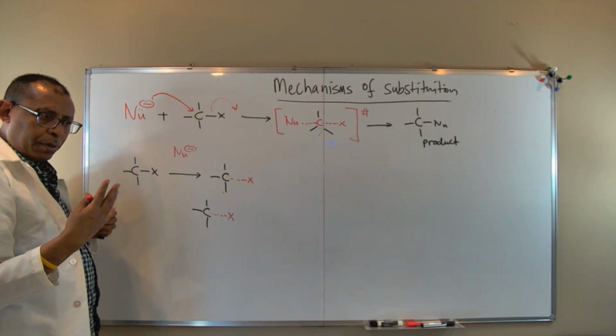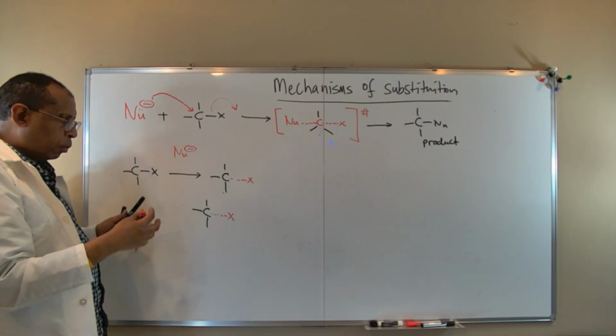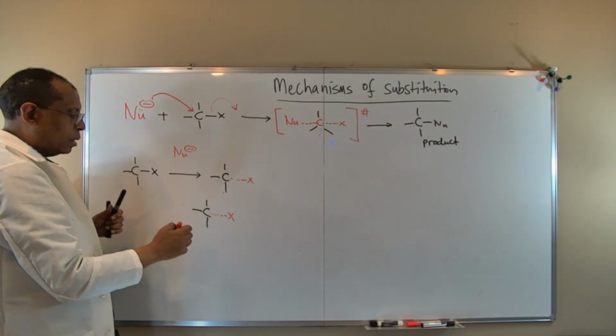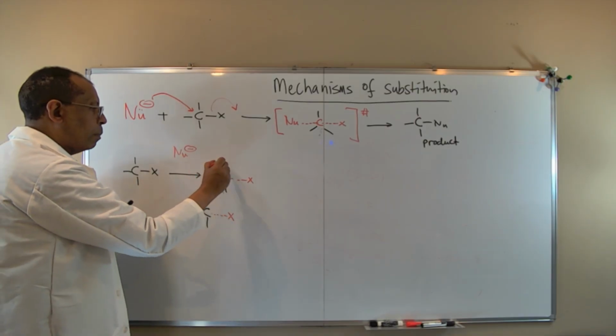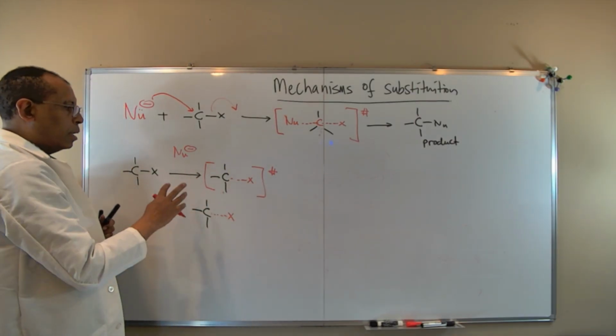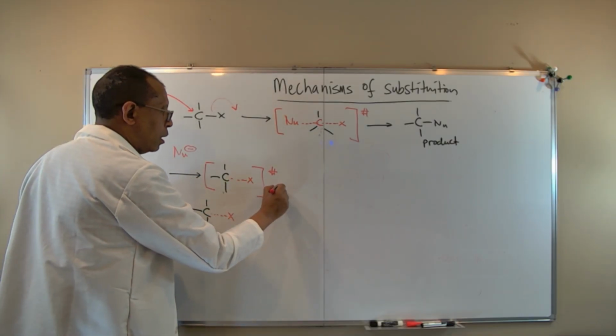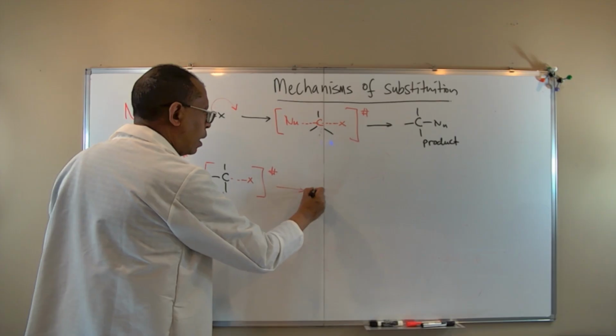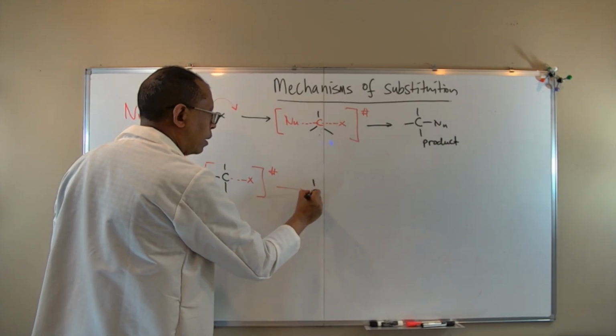So you should have a good leaving group. When you put it in a solvent system, that bond starts to weaken. That transition complex is what you see in this mechanism. Once you have that, the intermediate is a carbocation.